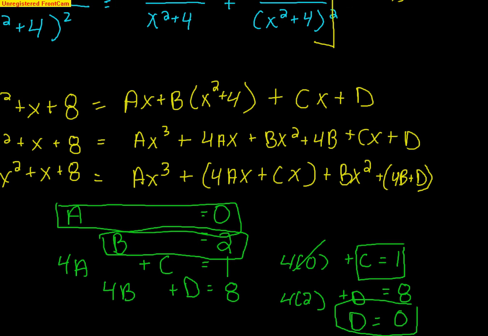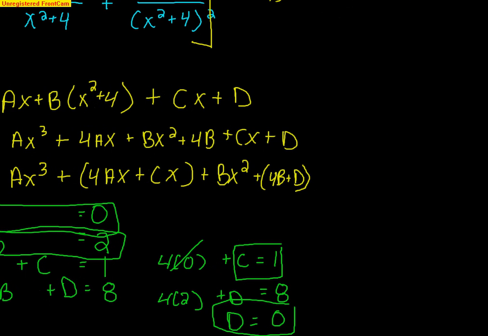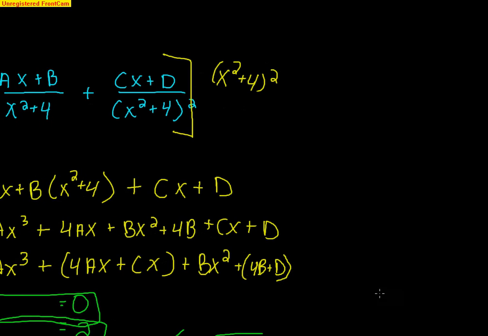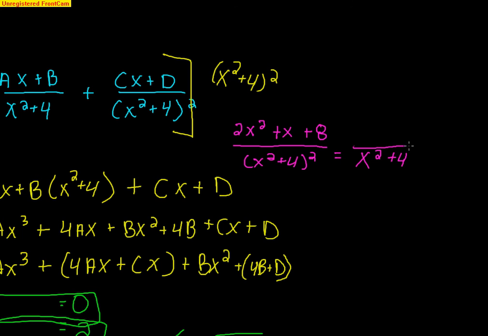So now we want to do the same thing, and plug these numbers back into the original equation. We're going to do it over here, and we get 2x squared plus x plus 8 all over (x squared plus 4) squared equals, so the first partial fraction had x squared plus 4 on the bottom.